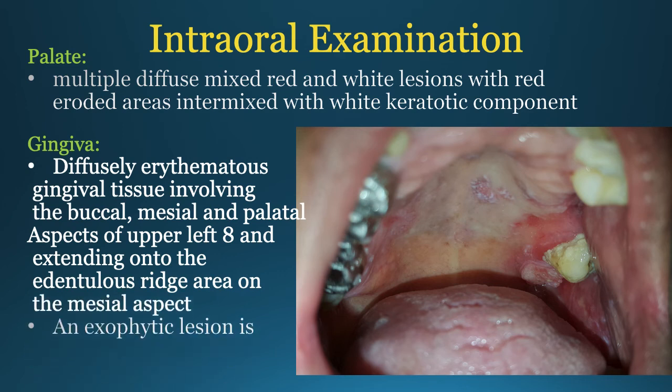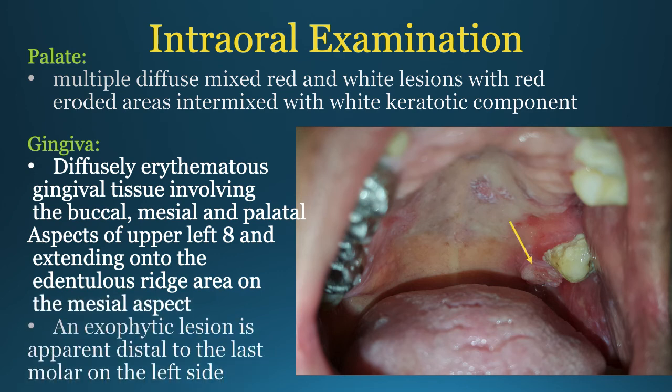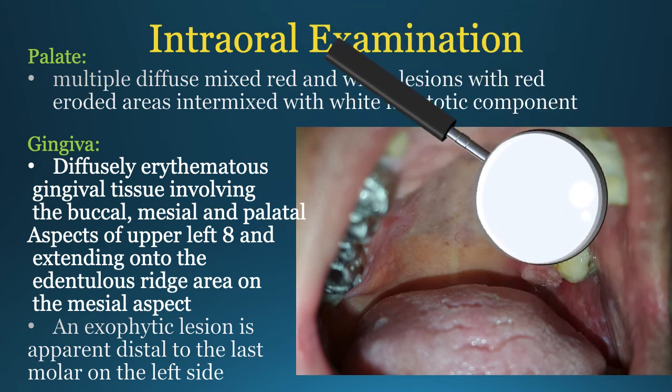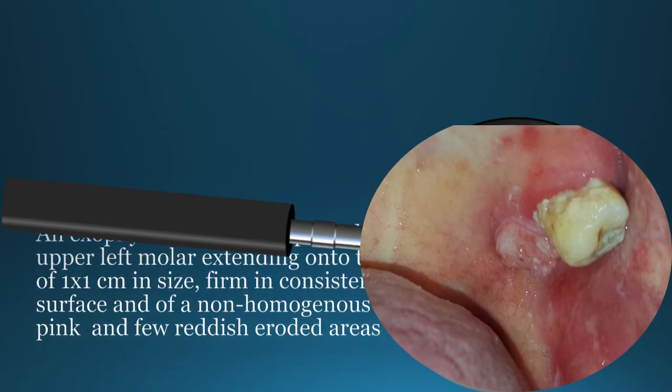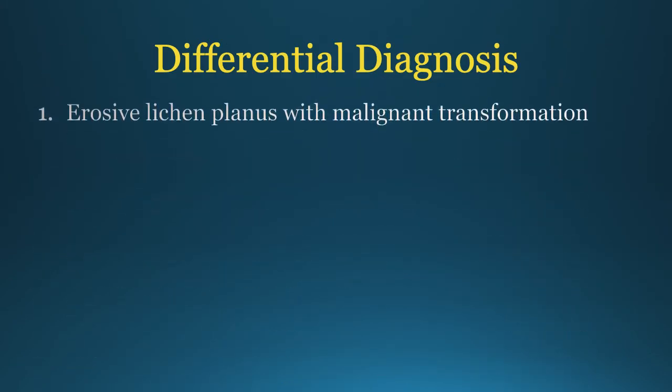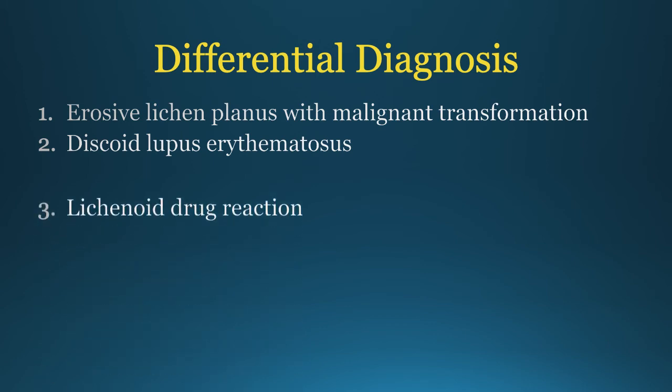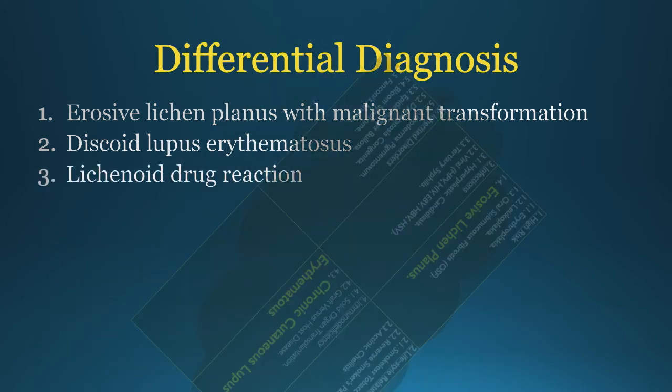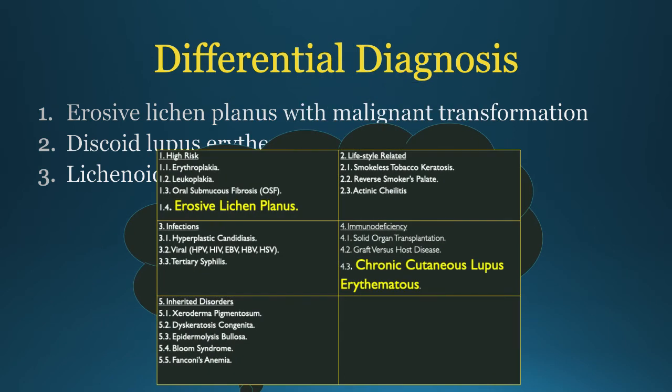Actually, lichen planus and lupus erythematosus both have a malignant transformation potential. There is also a certain type of discoid lupus erythematosus related to drug reaction.